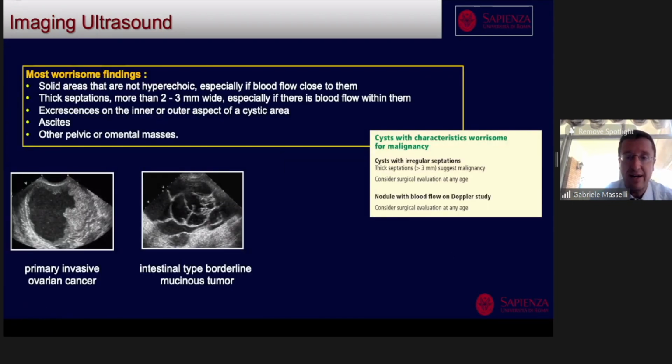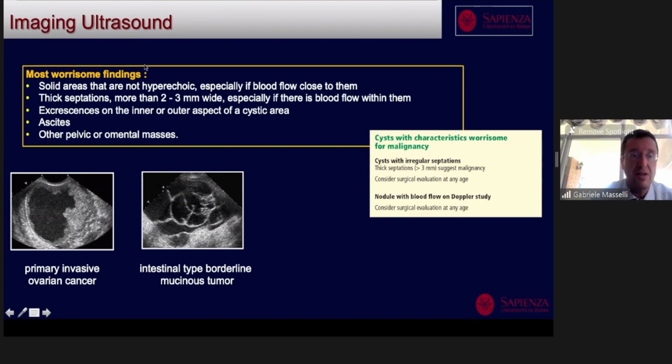However, there are some findings that are not specific. Some of them are most commonly seen in malignancy, such as solid areas, thick septations, ascites, or the presence of pelvic omental masses.